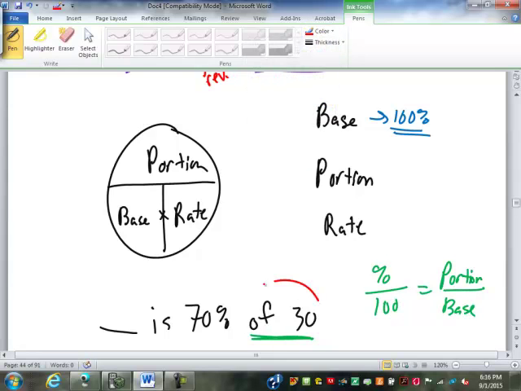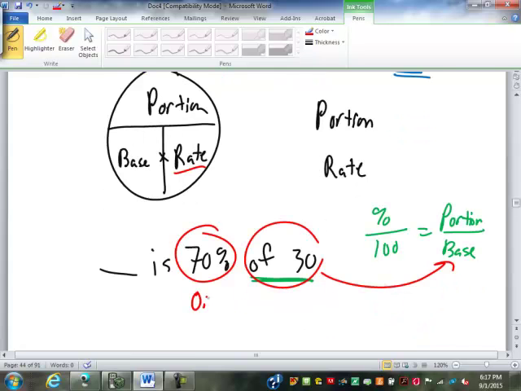So the 30 would go on bottom, that becomes the base. The 70% has to be turned into a rate, which would be a decimal of, bless you, a 0.7. And what we're looking for here is the portion. So you'd cover up the portion. The base is 30 times the rate of 0.7 gives you 21.